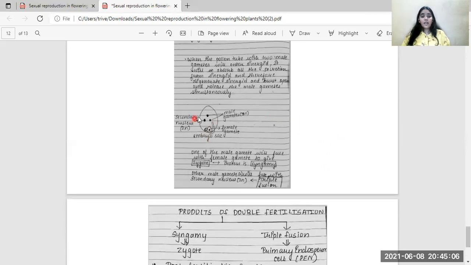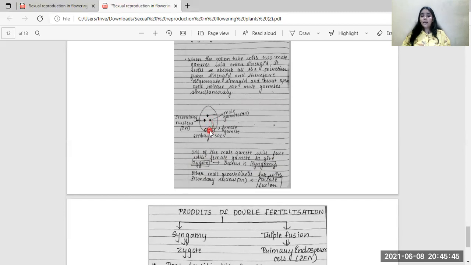Now let us take a look here. This is the secondary nucleus, which is diploid. These are the two male gametes. The two male gametes fuse differently. One of the male gametes will fuse with the female gamete, the middle one, and form a zygote, which is known as syngamy.